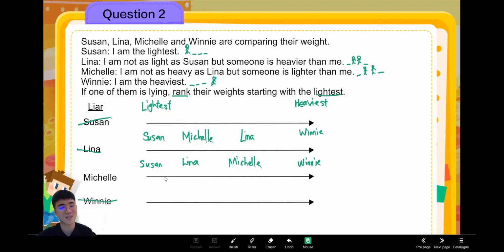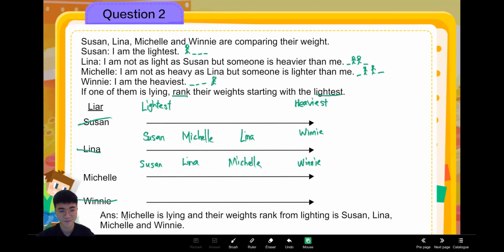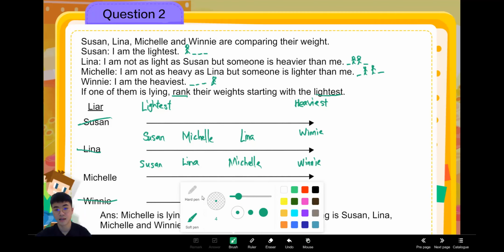And we know this ranking starts from Susan, Lina, Michelle, and Winnie. So as a conclusion, Michelle is lying, and their weights rank from lightest.